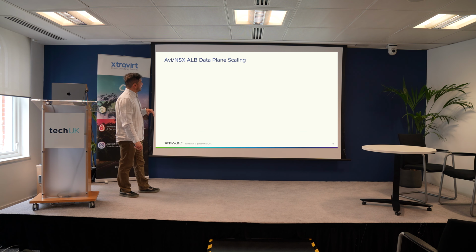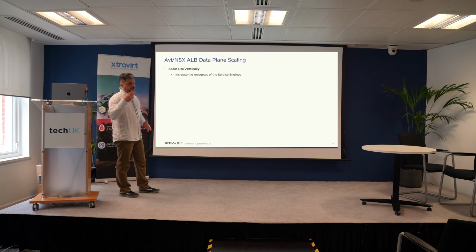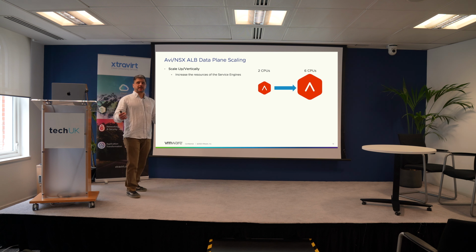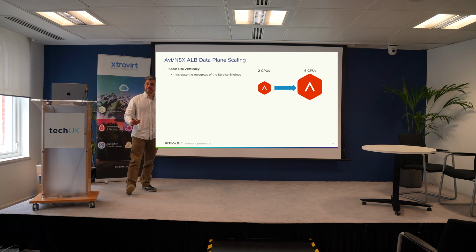Okay. So the data plane scaling, we were talking about legacy versus elastic HA. When you have the traditional legacy, or typically on the traditional ADC solutions, if you have a load balancer with 2 CPUs, for example, and you need to grow, you need to increase the number of CPUs to give you more capacity.